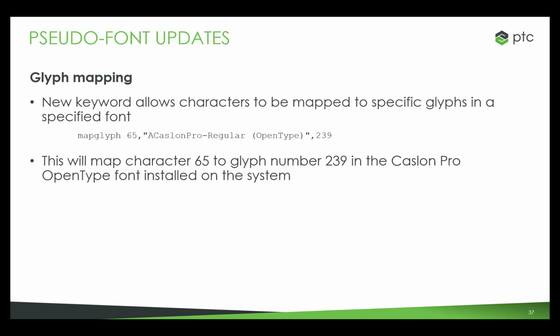So there's a new keyword, map glyph, and that allows you to map the character, in this case character 65, to a specific glyph within a specific font. So if you want to replace a capital R for one with a big swash underneath it, and you happen to know the glyph position within your font, then you can call that specifically inside your pseudo font.